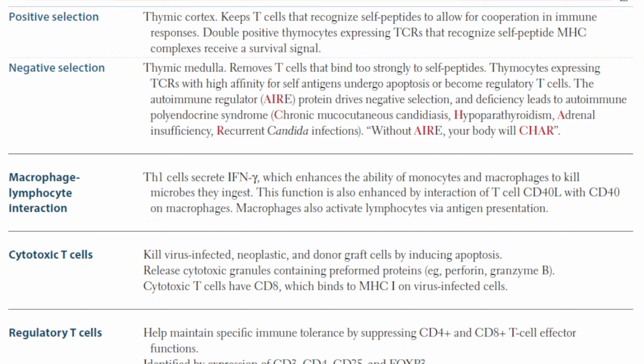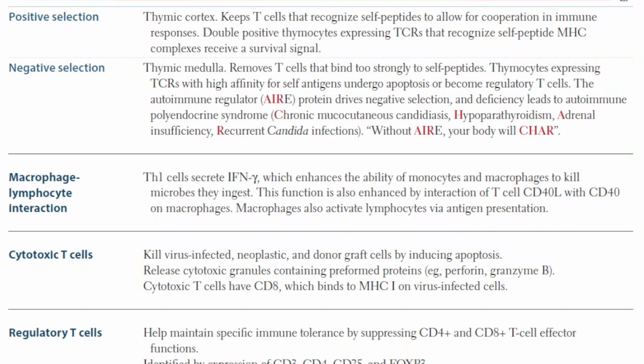So the autoimmune regulator, AIRE protein, drives negative selection, and deficiency leads to autoimmune polyendocrine syndrome. So if this negative selection doesn't happen right, you're very likely to have this group of diseases.